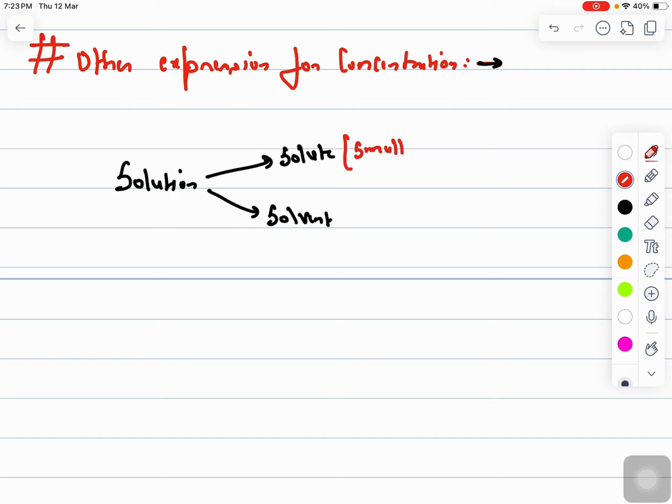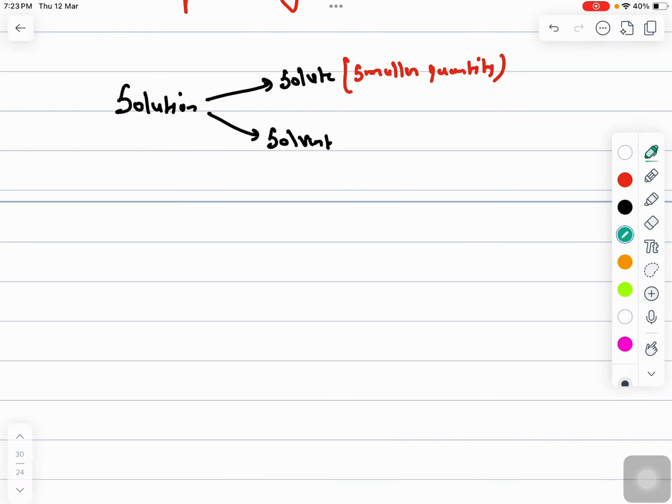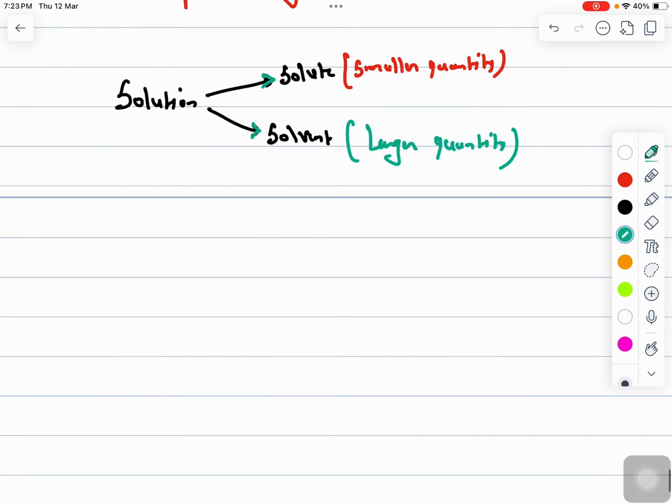So usually this is how you can differentiate between the solute and solvent, and the solvent will be present in the comparatively larger quantity. Okay, that's great.